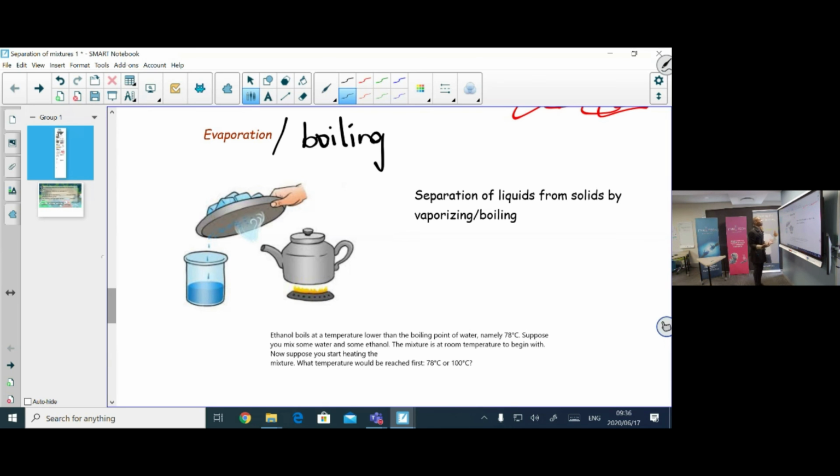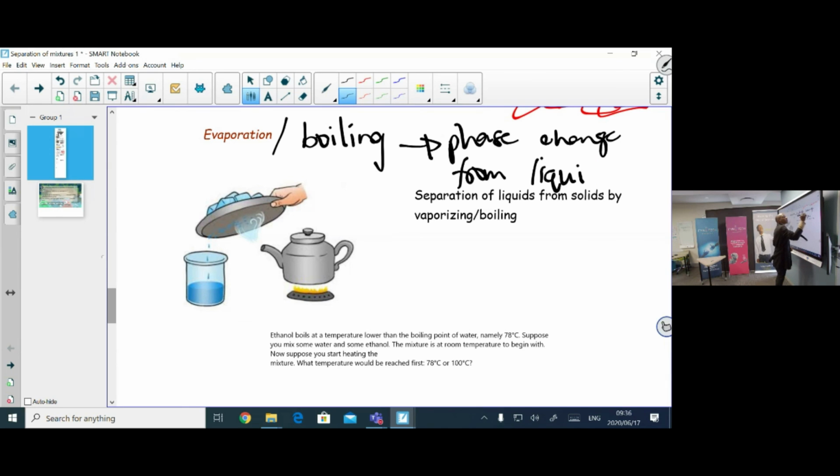They evaporate or they boil, which is the phase change from liquid to gas. So we are having a phase change from liquid to gas.